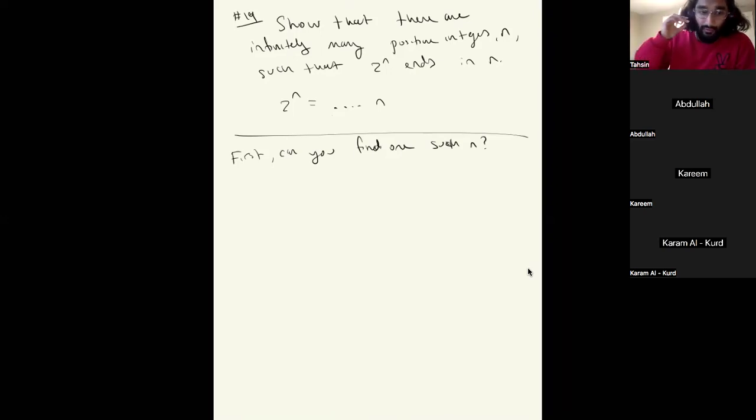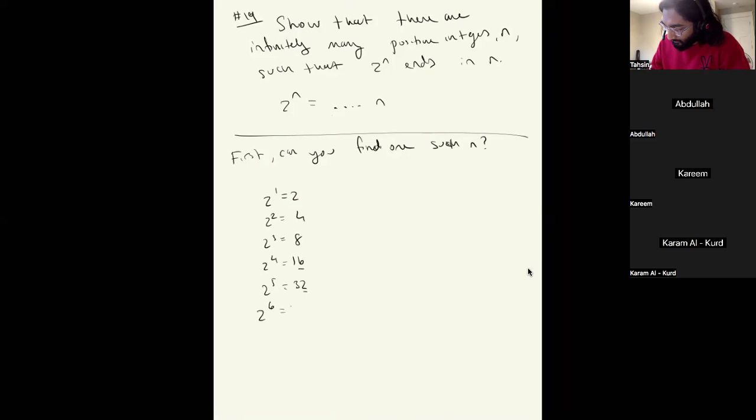So actually, if you think about it for a while, you'll realize it's not so easy. If you try all the one-digit numbers, 2 to the 1 is 2, 2 squared is 4, 2 cubed is 8, 2 to the 4 is 16, which ends in 6, 2 to the 5 is 32, which ends in 2 and not 5. 2 to the 6 is 64, which is still wrong. 2 to the 7 is 128, so that still doesn't work. 2 to the 8 is 256, and 2 to the 9 is 512.